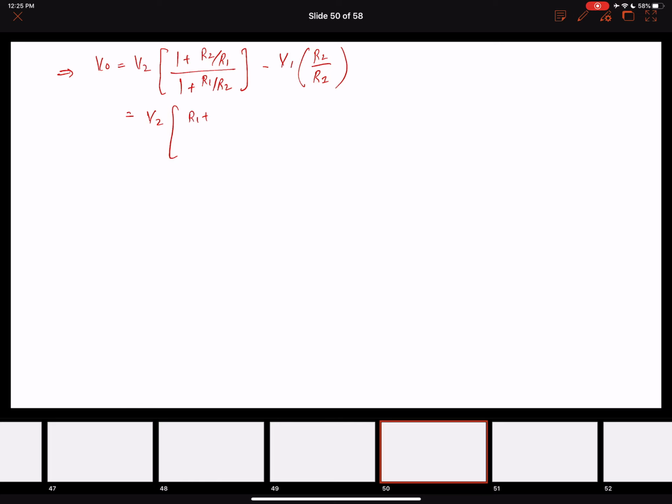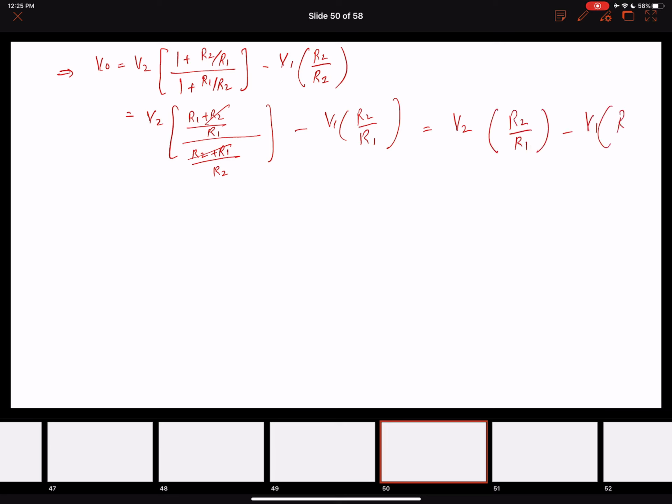Right, it will be R1 plus R2 over R1, R2 plus R1 over R2. So this will be cancelled out, minus V1 R2 over R1. So V2 would be equal to R2 over R1 minus V1 R2 over R1.